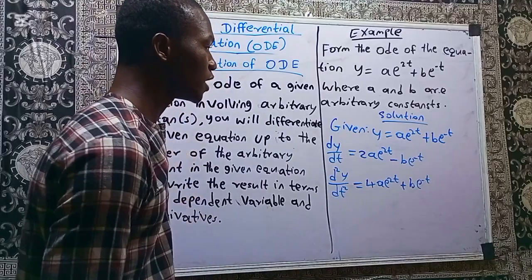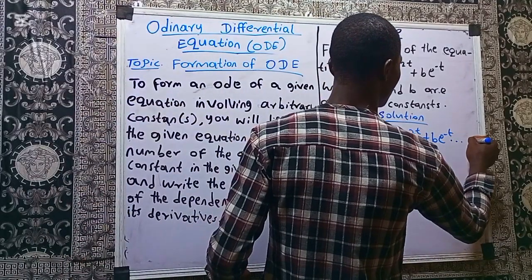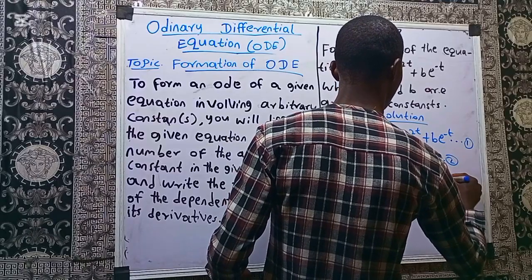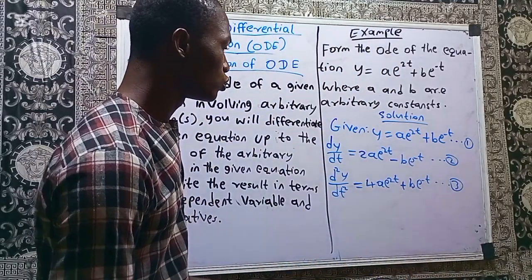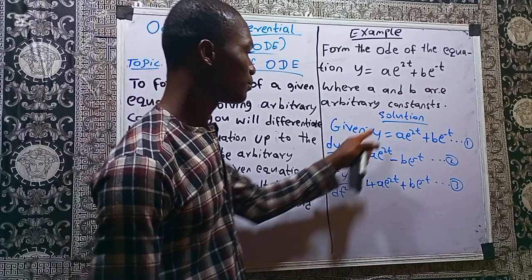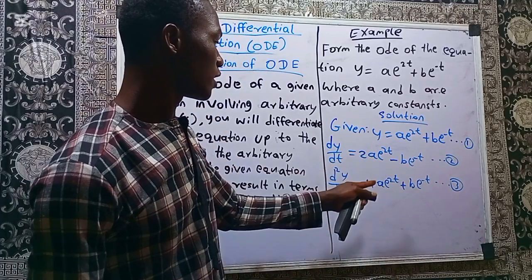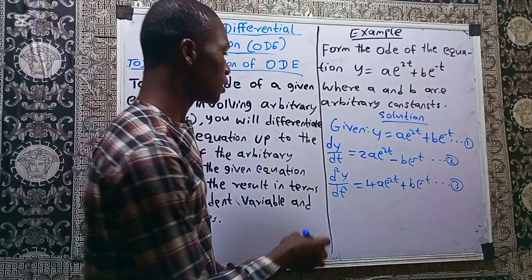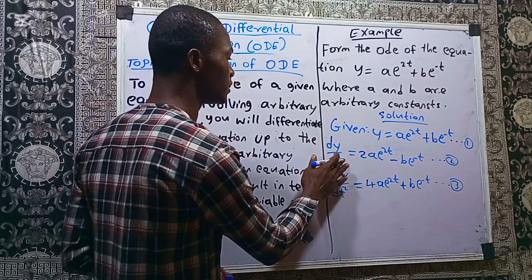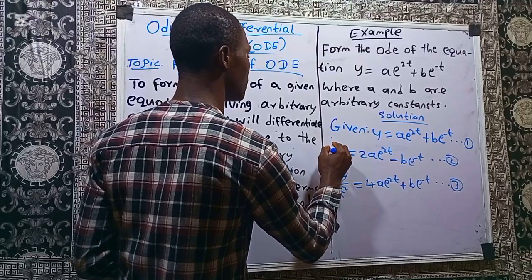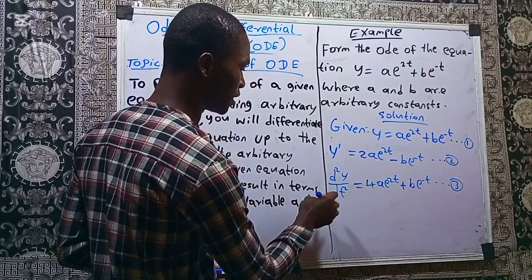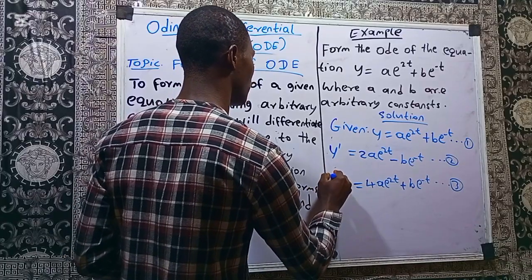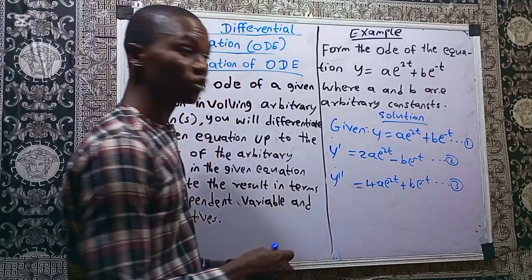Now, I will call the first equation equation 1, this one equation 2, and this one equation 3. What I'm going to do is write my result in terms of y. Permit me to write dy/dt in short form as y prime, and the second derivative of y with respect to t as y double prime.